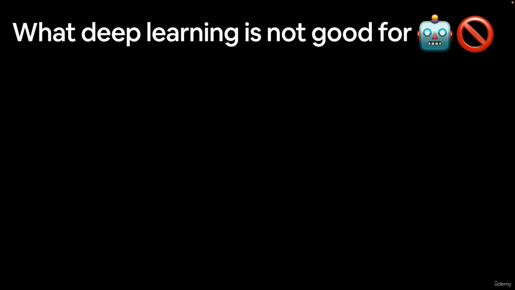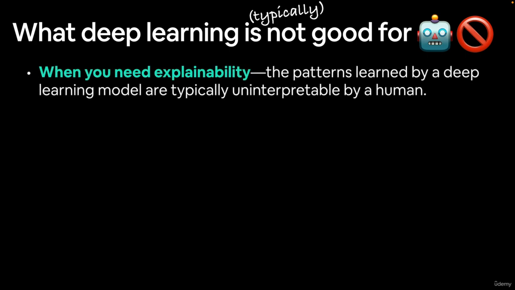Now, what deep learning is not good for, and I'm going to write typically here because, again, this is problem specific. Deep learning is quite powerful these days and things might change in the future. So keep an open mind. If there's anything about this course, it's not for me to tell you exactly what's what. It's for me to spark a curiosity in you to figure out what's what, or even better yet, what's not what. So when you need explainability, as we'll see, the patterns learned by a deep learning model, which is lots of numbers called weights and biases, we'll have a look at that later on, are typically uninterpretable by a human.